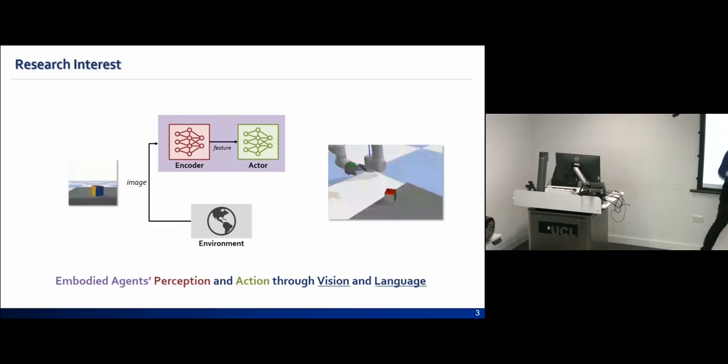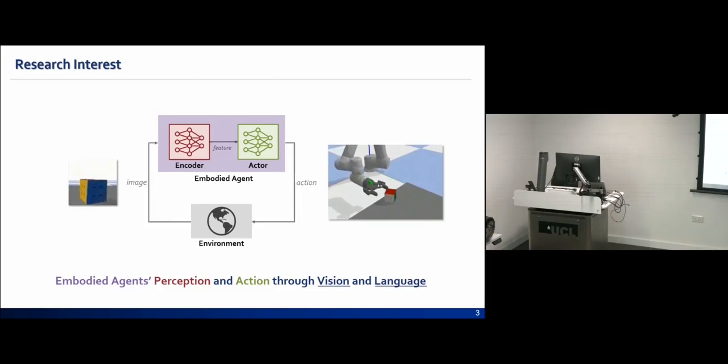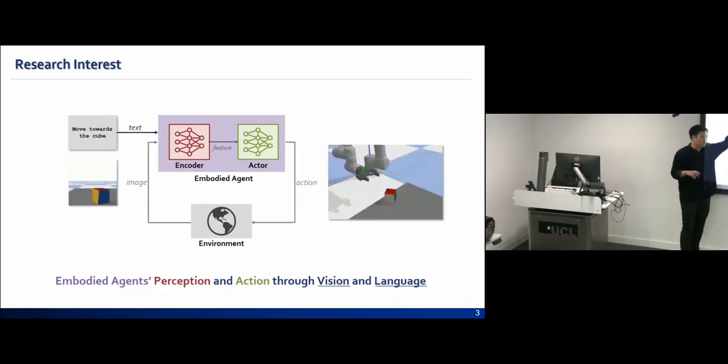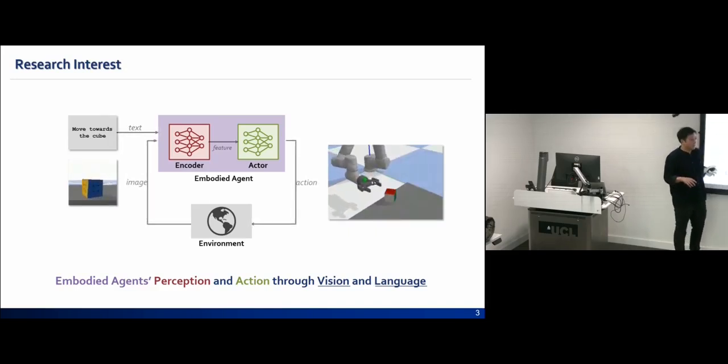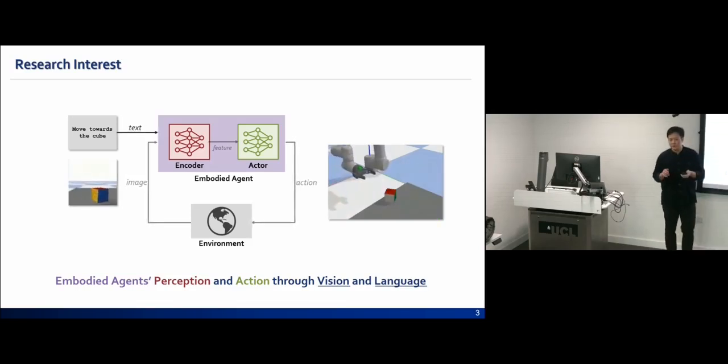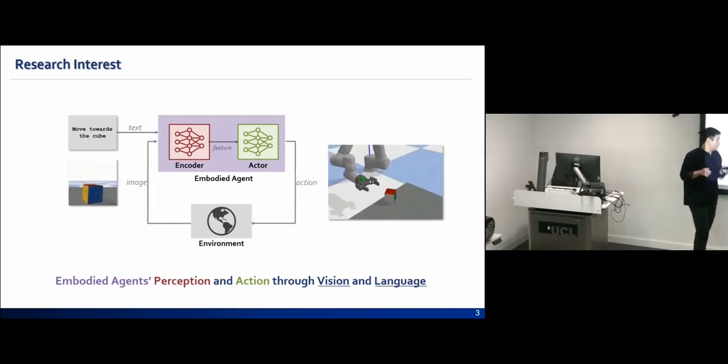And then we use the feature as input for this actor module or actor to perform some desirable actions, which can perform some target manipulation tasks. So basically, this kind of thing can also be performed with vision or vision and language or text prompt to give some more specific guide what kind of manipulation task we want the robot to execute.